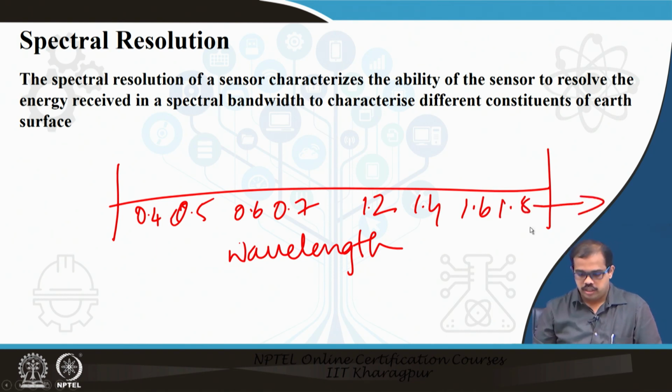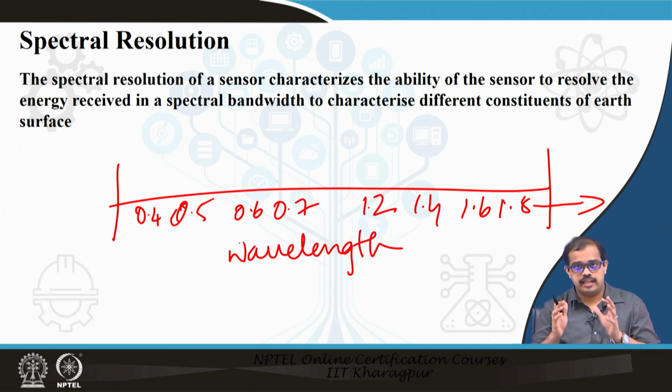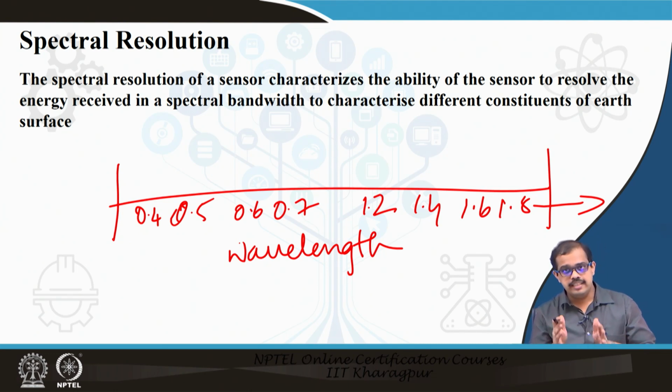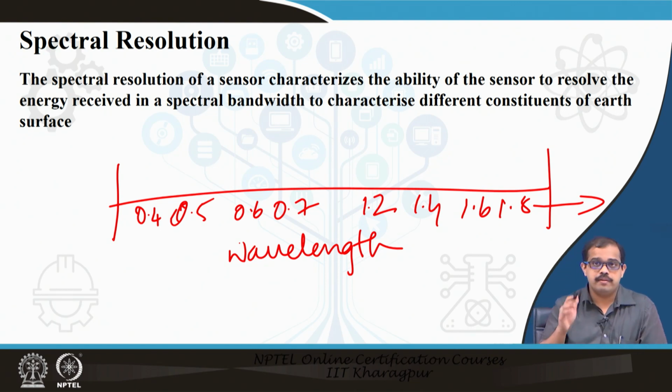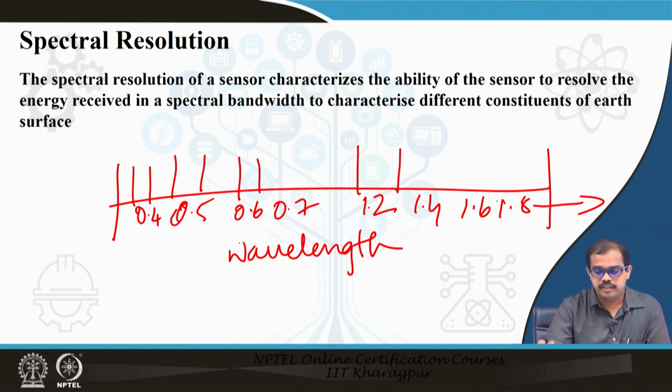Now, let us say our satellite sensors are able to categorize this electromagnetic spectrum into different bands. For example, there is one satellite which can capture this spectral band, this band, this band, this band, and this band.